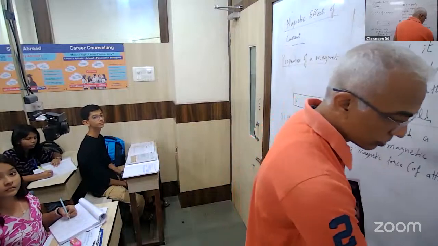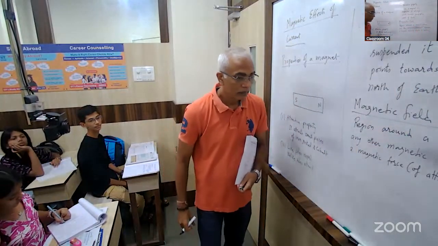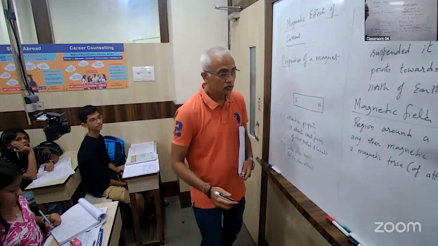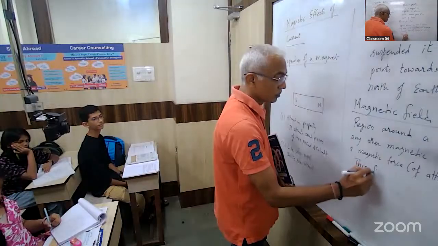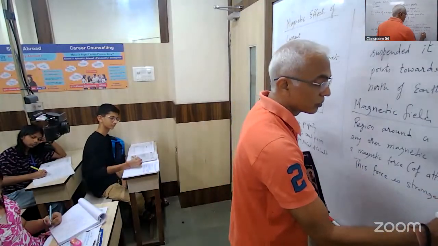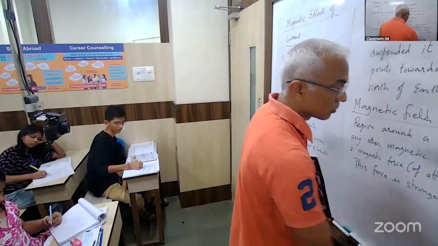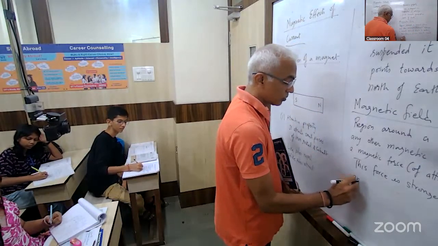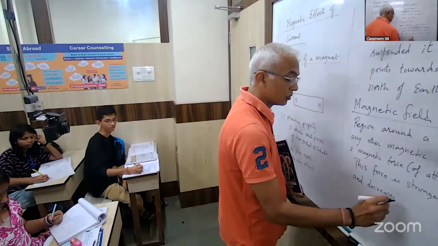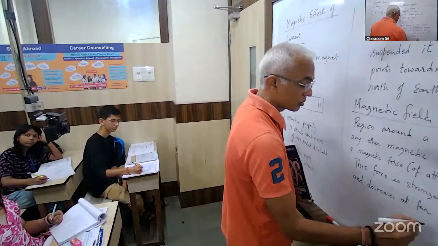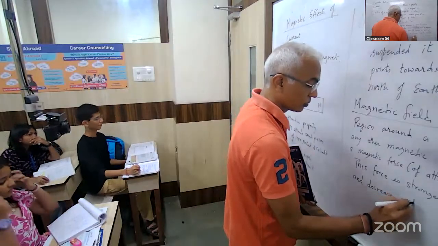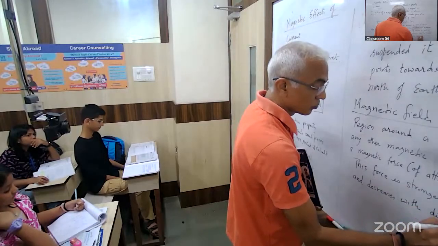Okay. So the magnetic field or the magnetic force is stronger near the magnet and weaker far away.